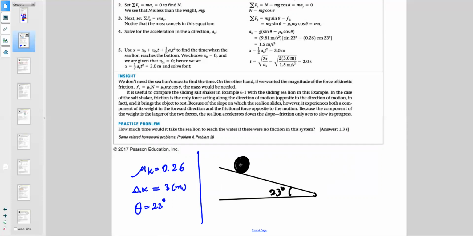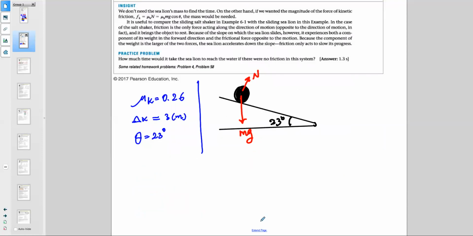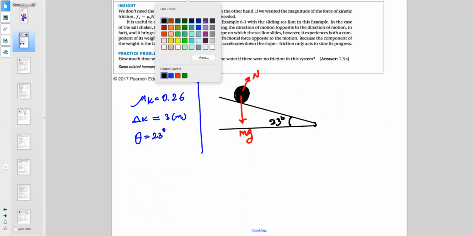And then this is mg. This is N. Now, do we have any other force? No. So if that's the case, I can set up my coordinate system like this. I can come here and set up my coordinate system. Let's choose this color, right?